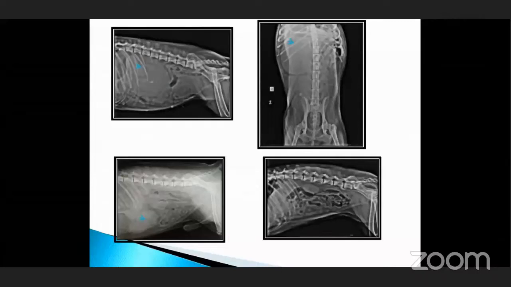Now, in the third radiograph, on the left side, you can well appreciate soft tissue opacity, which is an abnormality, which is not normal. In the fourth radiograph, you can well appreciate the increased radio opacity of kidneys and 2 radio opaque particles in the kidney, which are abnormal.